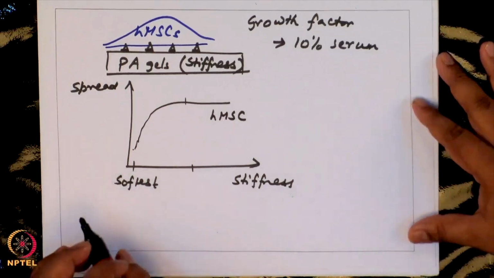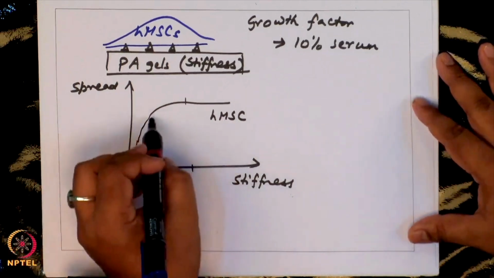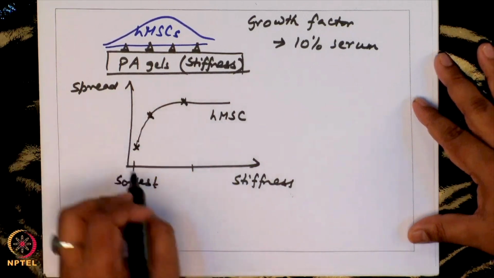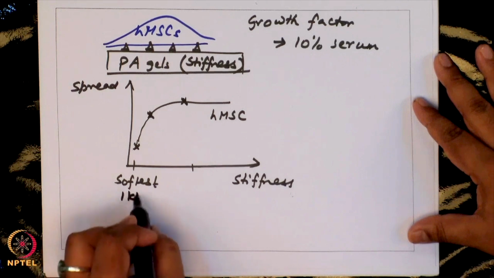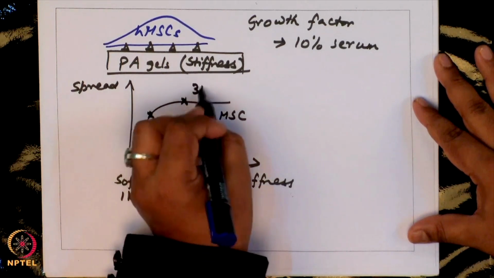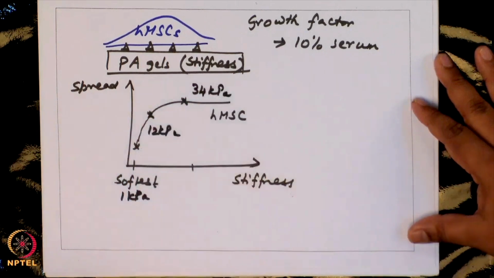Okay. However, if you look at the shape, okay, so this is soft, 1 kPa stiffness, this is 12 kPa stiffness, and this is 34 kPa stiffness. Okay.